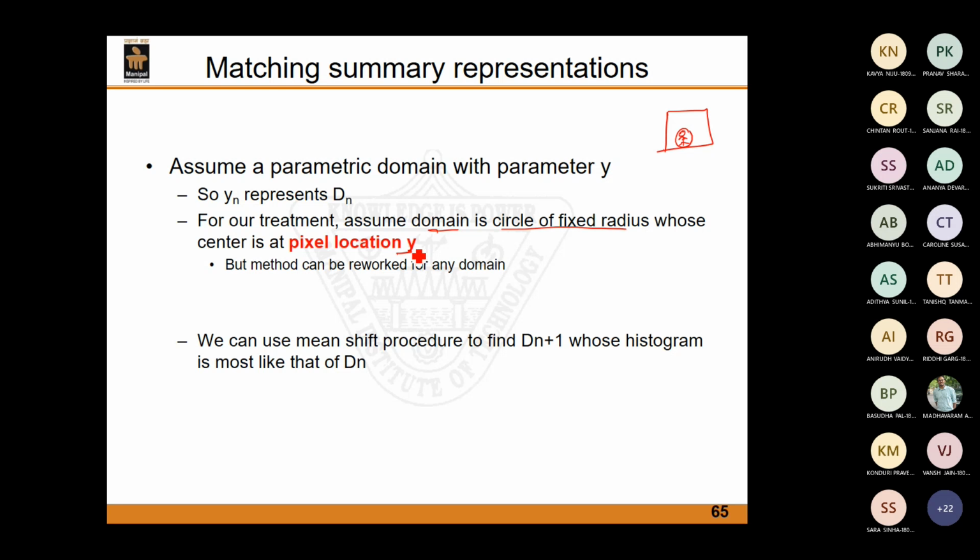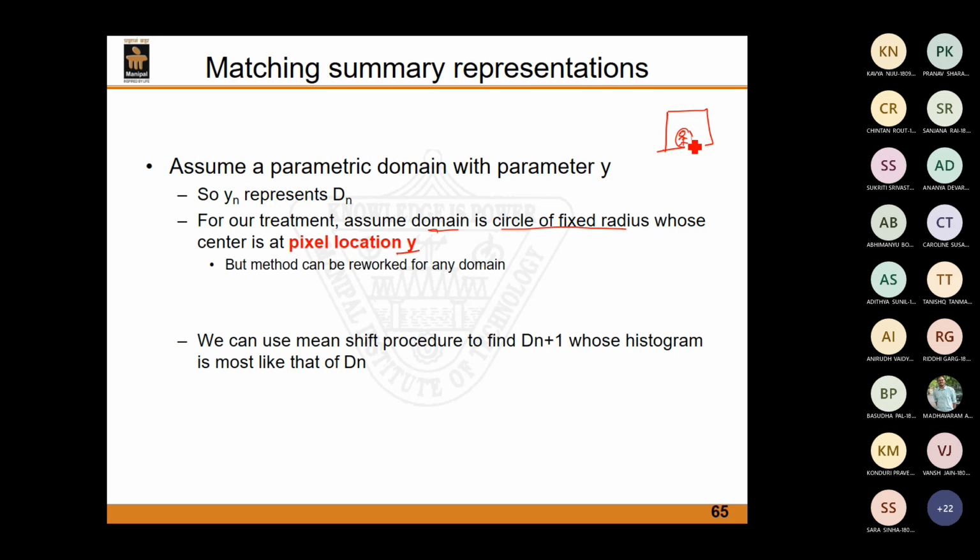Okay, now the circular domain that we are considering will have a fixed radius, and if in the next frame the object has moved, what we assume is that the circular domain has the same radius, but the location of the center of the circle must have changed.